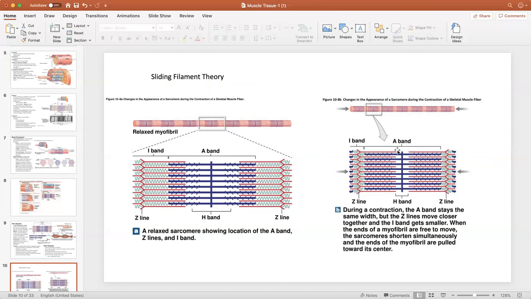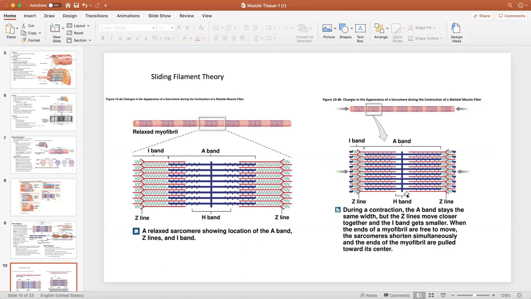We see that the A band stays the same, but the H band gets shorter. The A band is where we have thick and thin filaments together. That thick filament is going to stay the same length regardless, so that keeps the A band the same length.